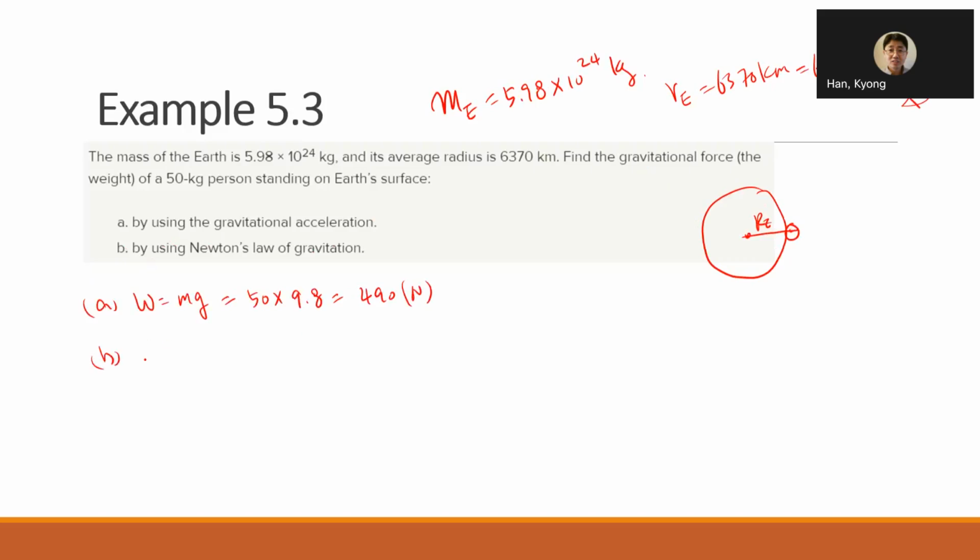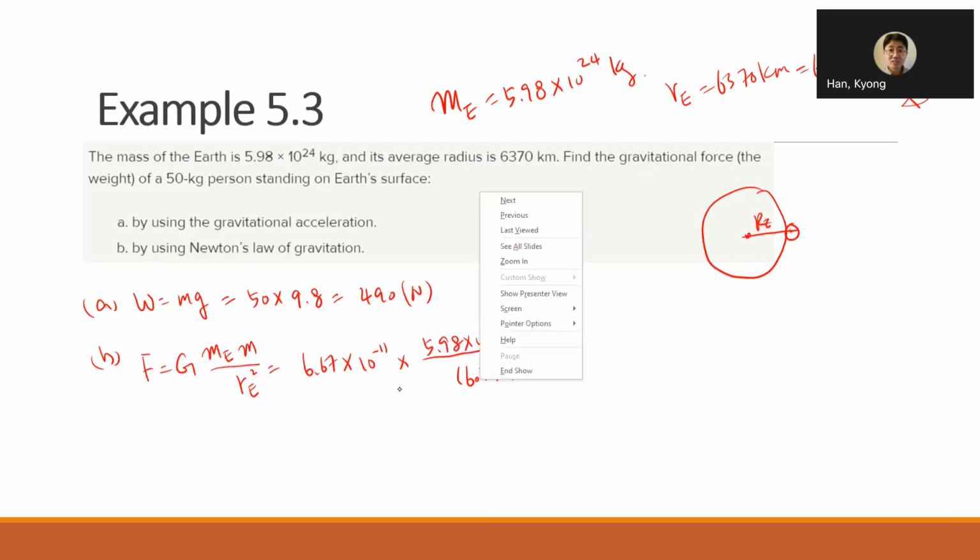Question B, by using Newton's law of gravitation, we can find that F equals G times ME times your mass, 50 kilograms, divided by RE squared. This is 6.67 times 10 to the minus 11, times mass of the Earth, 5.98 times 10 to the 24, times mass of the person, 50 kilograms, divided by radius of the Earth, 6.37 times 10 to the 6 power, squared.